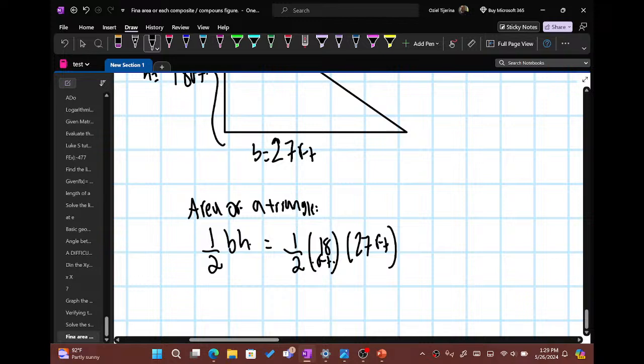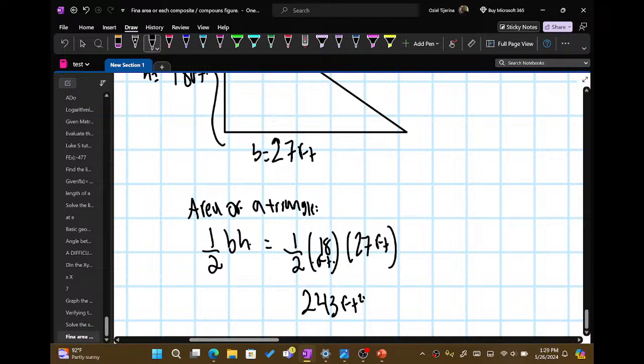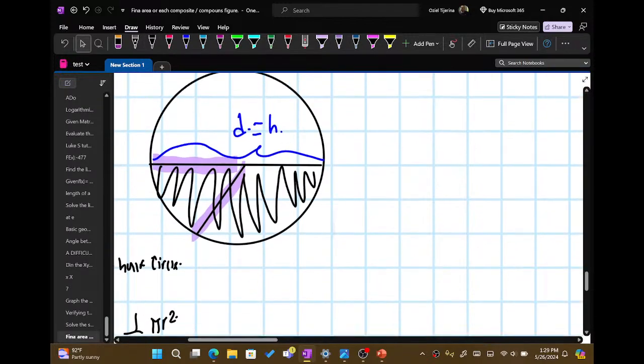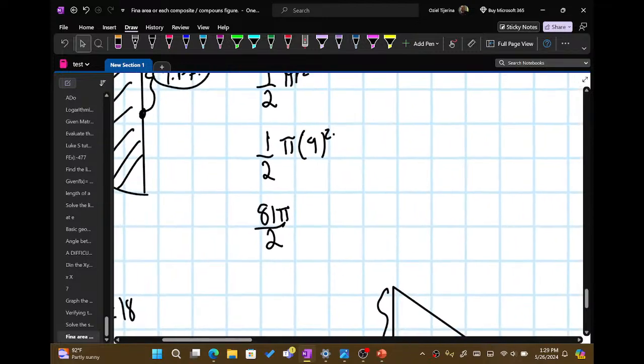If we calculate that, it's 243 feet squared. Now, again, we know that the area of half the circle was 81 pi over 2.